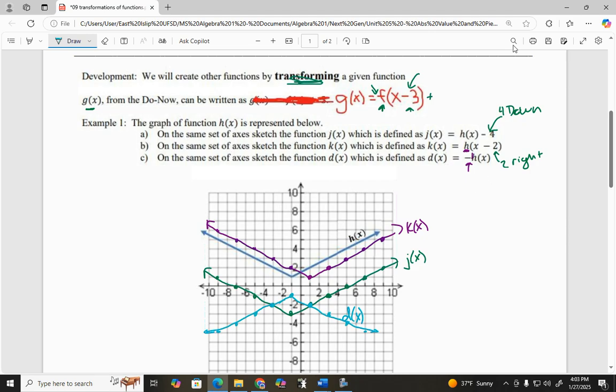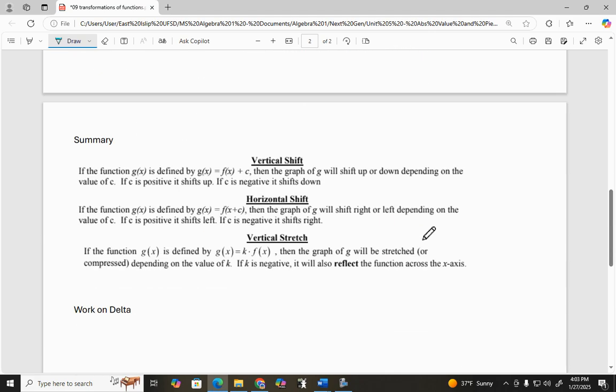And then outside parentheses, up-down shifts, inside parentheses, right-left shifts. The inside parentheses always shifts the opposite way than you would think. And this is just a summary of it, right? So this would be an up-down shift.